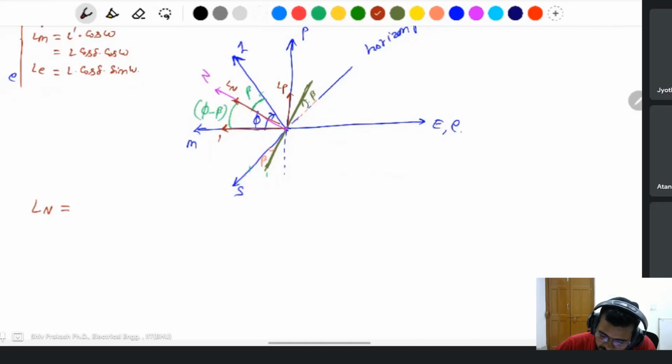If this one is Lm, then this angle will be phi minus beta, and Ln is the projection of Lm on Ln, which is Lm into cos of phi minus beta.